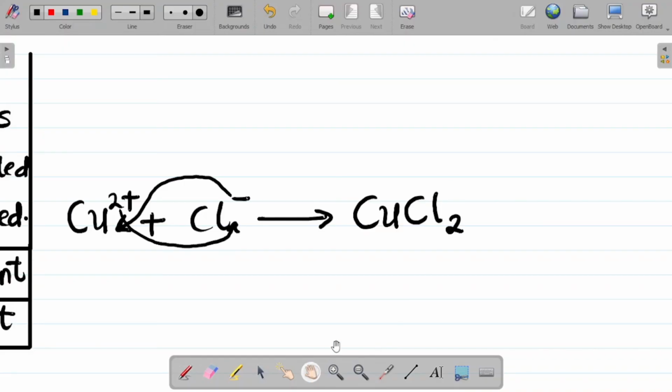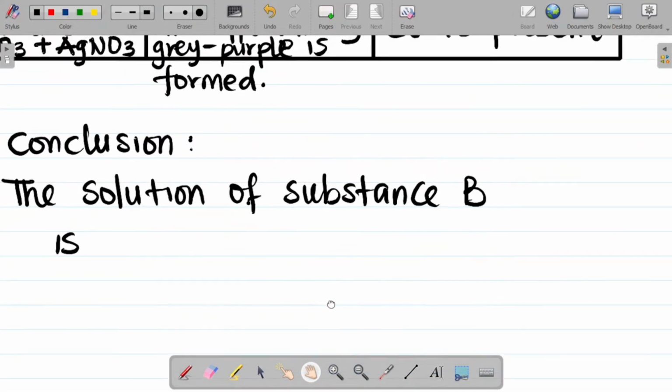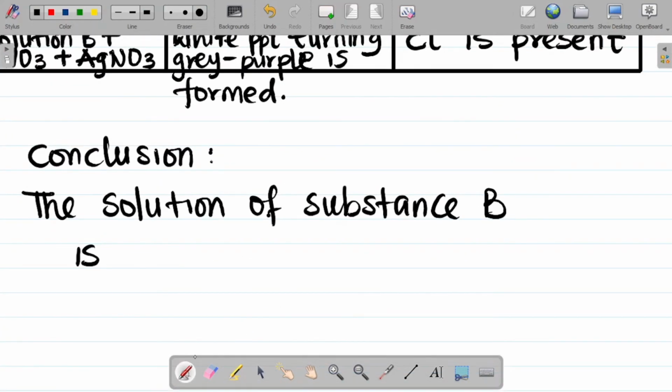So what I have here is copper chloride, CuCl2. This is my inference using the ions that I inferred. So this should be my compound. That means substance B is copper chloride. This is how you answer the solutions to exercises 1 and 2 of experiment 11.